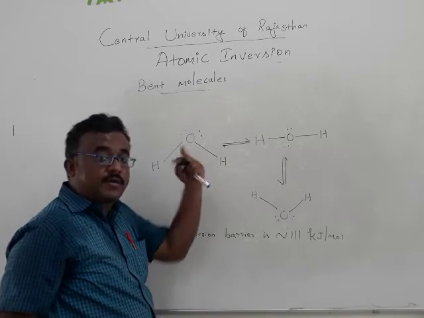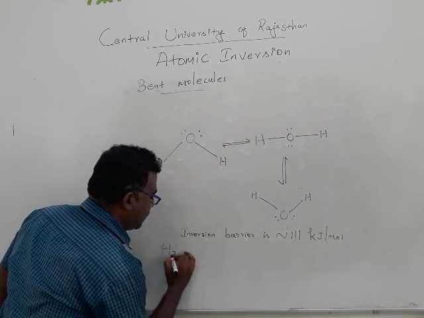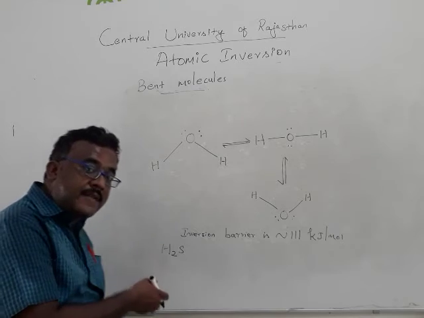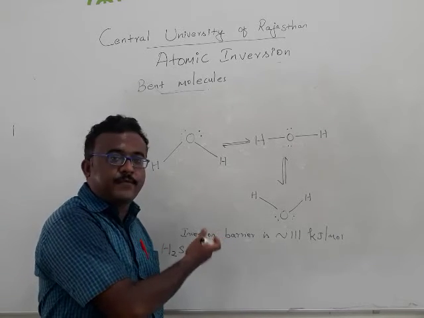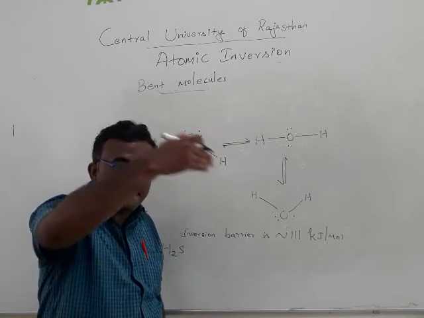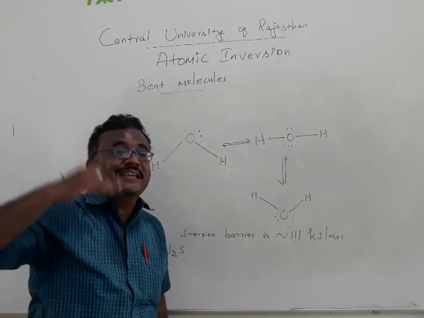If you replace oxygen by sulfur, for example hydrogen sulfide, do you think it has a low or a higher inversion barrier? Of course, as I said just five minutes ago, when you come down the same group, the inversion barrier will increase.